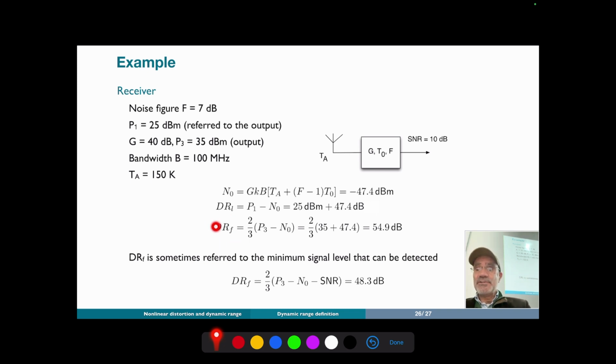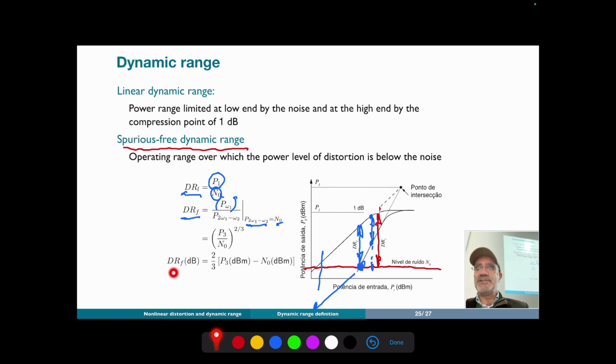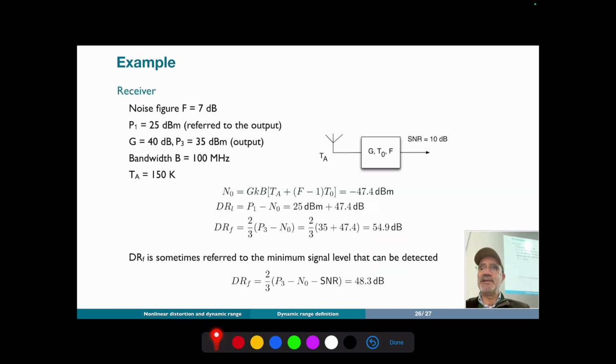so we can also calculate the spurious free dynamic range from the equation we had before, from this equation here, where knowing the third order intercept point and the noise level, we can calculate the spurious free dynamic range.